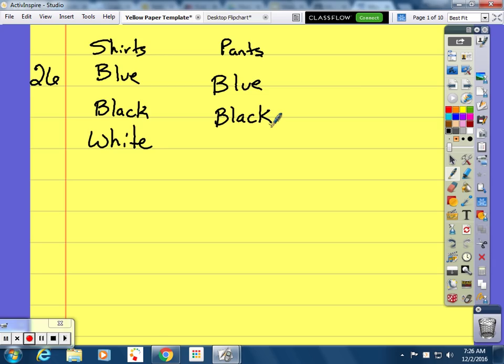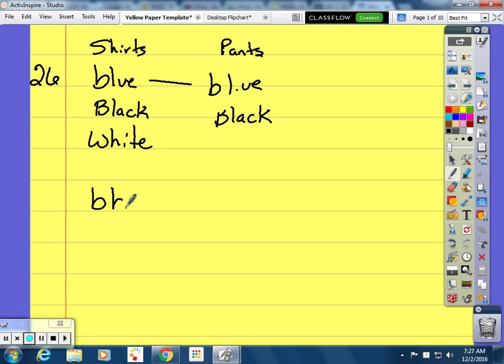So what I have to do is I start over here with my shirts, and I could have a blue shirt. Let's make blue a little b, because in science blue would be a little b, and black would be a big B. Blue and black have the same letter.